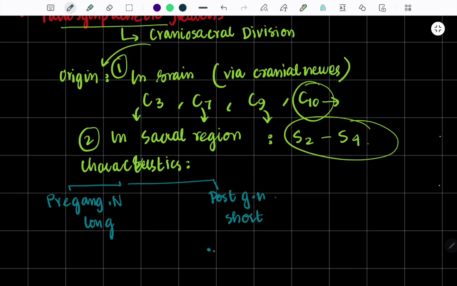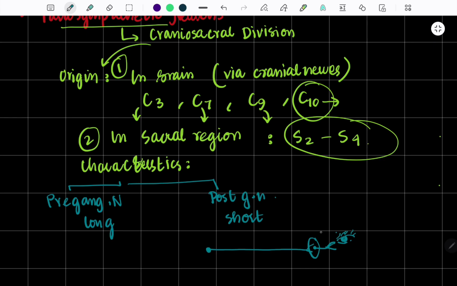Here you can see the preganglionic neurons, which arise from the craniosacral region of the brain and spinal cord. The preganglionic neurons are quite long. And then you have to remember the postganglionic neurons of the parasympathetic system, that after the ganglia they are quite short, and that's why they are present near the effector organ. For example, when I talk about the eye, they are present near the effector organs.